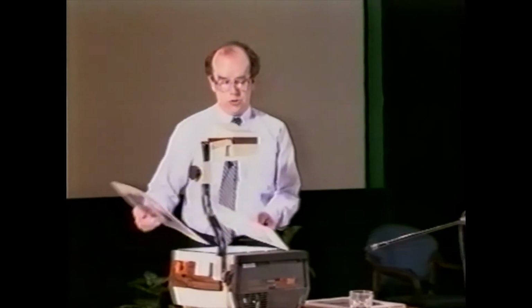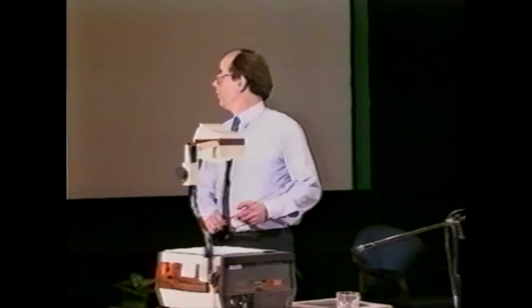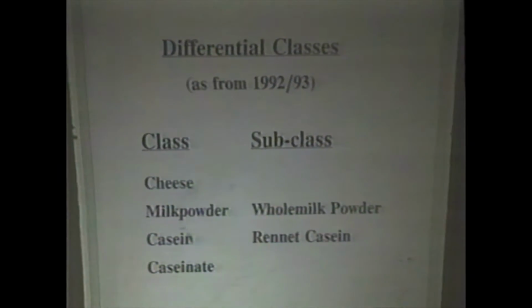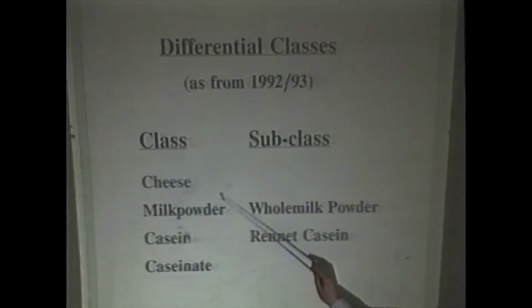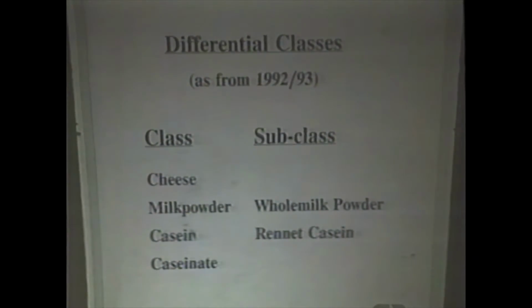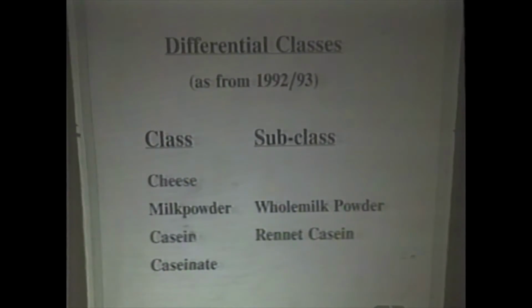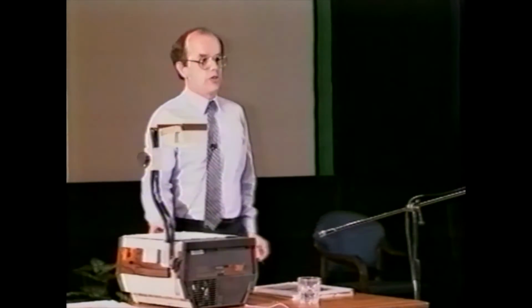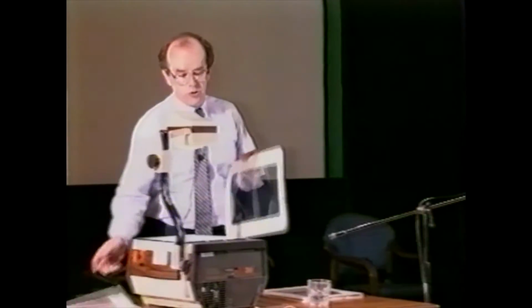Those differentials can be set for 4 classes of product, which are essentially the 4 types of factories. Essentially, the differential system is oriented to getting the milk into the powder dryer, into the cheese factory or the casein plant. Not any more specific than that. So that in brief is how the differential system works.